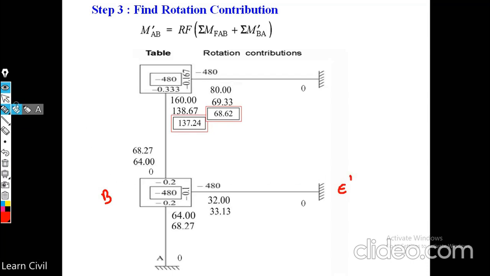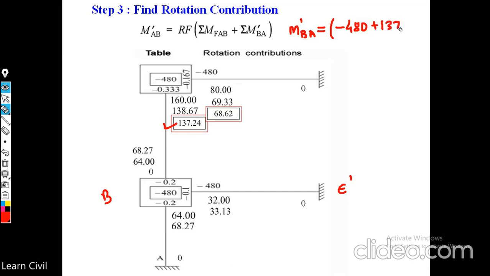So at joint B, we'll be starting with member BA. The rotation contribution for BA, that is M dash BA, is equal to the summation of the fixed moment at joint B, that is minus 480, plus the rotation contribution at the far end. We can see here the rotation contribution at far end is 137.24.